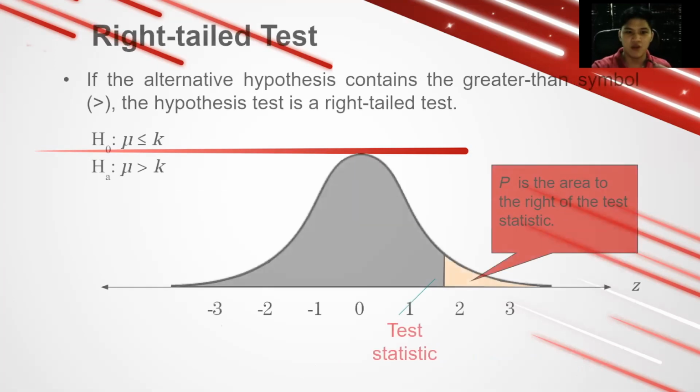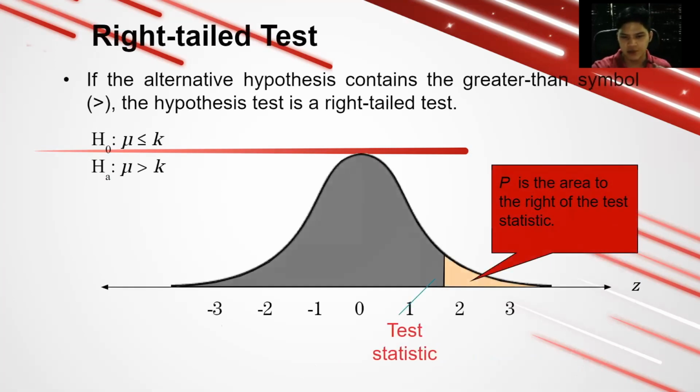Now, here we have the right-tailed test. It's somewhat the same thing, just quite the opposite. For the right-tailed test, if the alternative hypothesis contains the greater than symbol, the hypothesis test is a right-tailed test. So again, our null hypothesis is mu is less than or equal to k, while our alternative hypothesis is mu is greater than k.